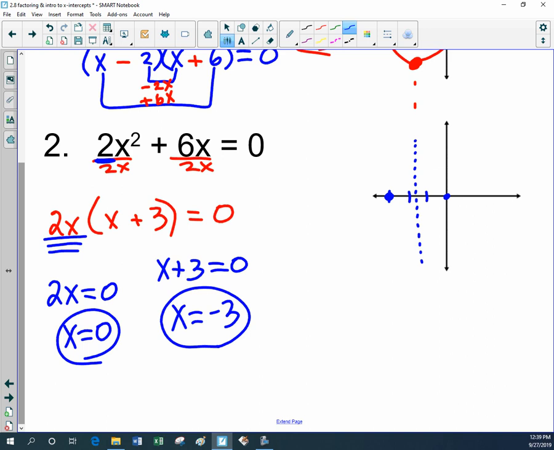So for right now, the only thing I care about is that you put the vertex on the correct side of the x-axis, which in this case would have to be below because the graph is opening up. Okay, and that is it. So on the test, for these questions, this is exactly what you would need to be able to do. Factor it, solve it, put the intercepts on the x-axis, and then draw a sketch of the graph.